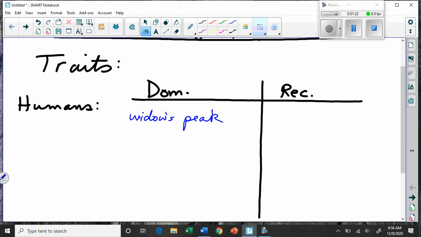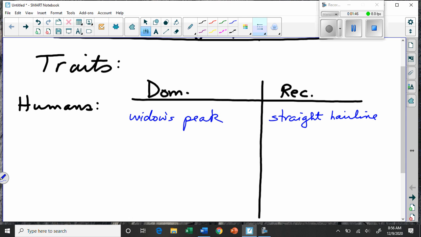If you look around the room, you'll see some people have a hairline that has a slight little V right in the center. Other people have a hairline that's either straight across or doesn't have that V. So the little V, the little downward dip, is called the widow's peak, and it's a dominant trait. The opposite recessive trait would be a straighter hairline across the forehead.